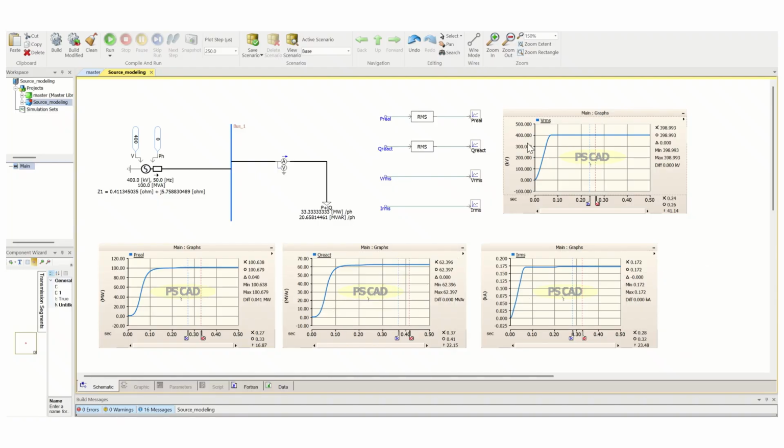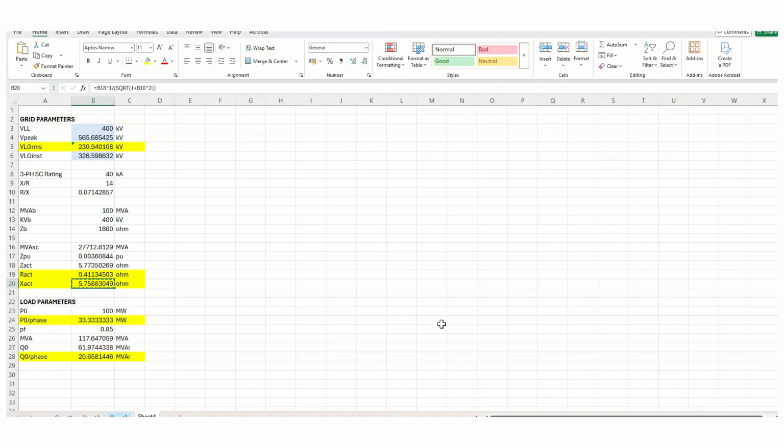Now this is not the infinite source, and that's why the voltage for this 400 kV bus is reduced from 400 kV to 398.993, almost 399 kV. And this is the real power, 100.679.